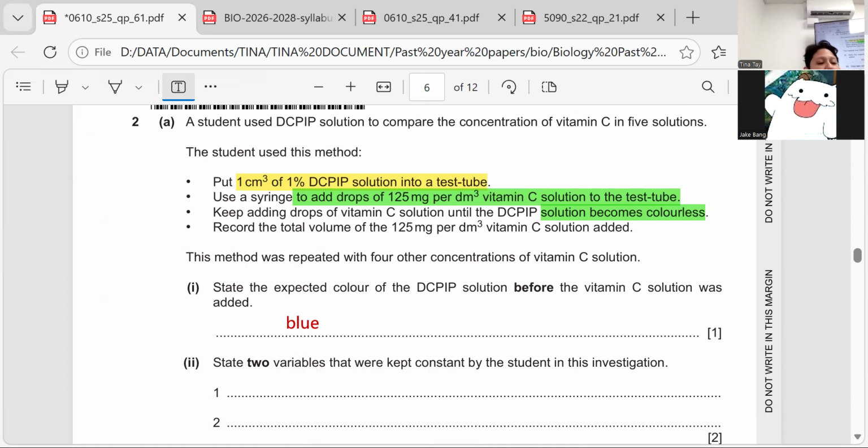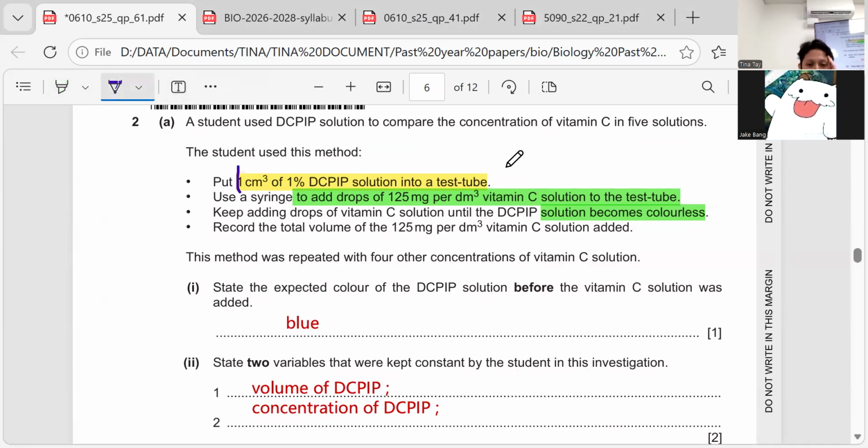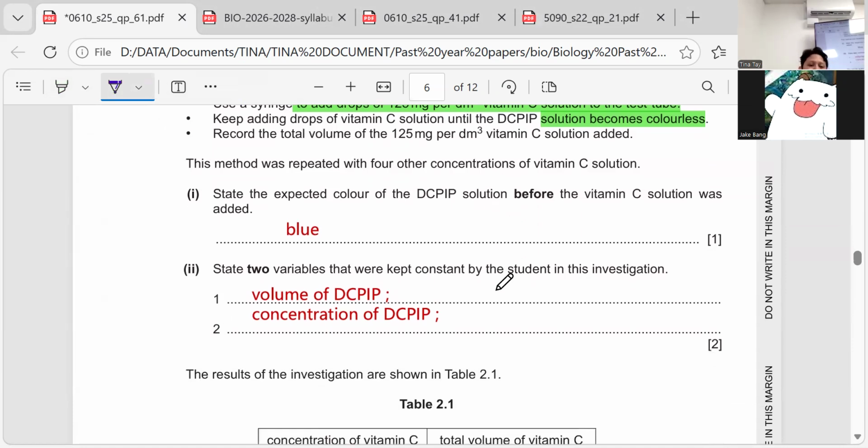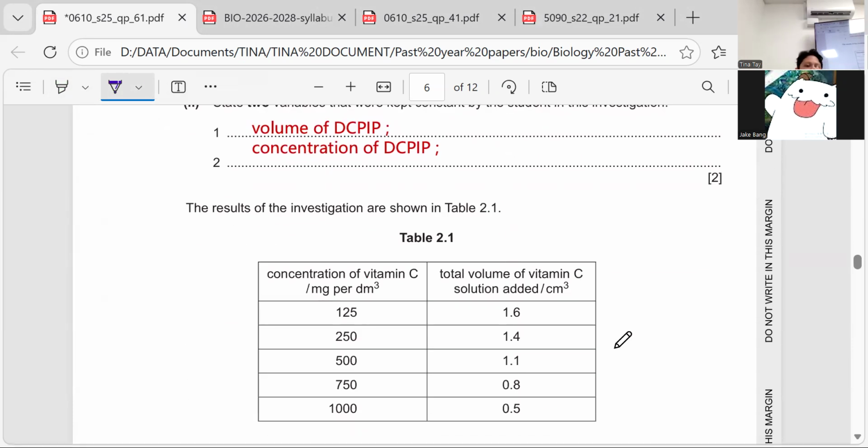Because he's just waiting for the color to change. What else do you keep constant? One is the volume, one is the concentration of DCPIP. Is 1%, right? You get it? You cannot say he used the vitamin C because the vitamin C is what I'm testing. So you see the DCPIP was only 1 centimeter cube and it was only 1%. Okay, concentration of vitamin C, total volume of vitamin C solution added.